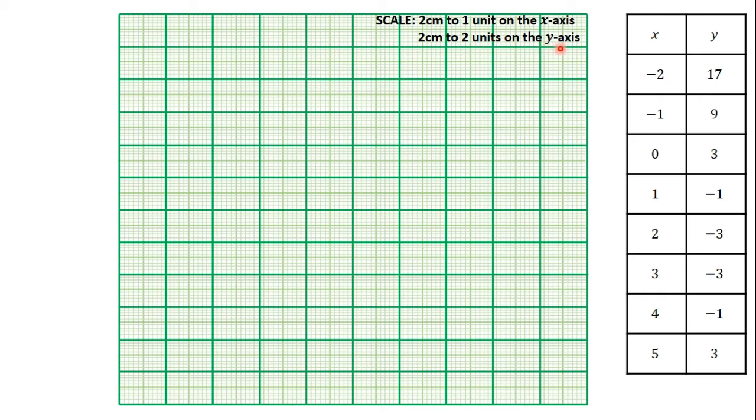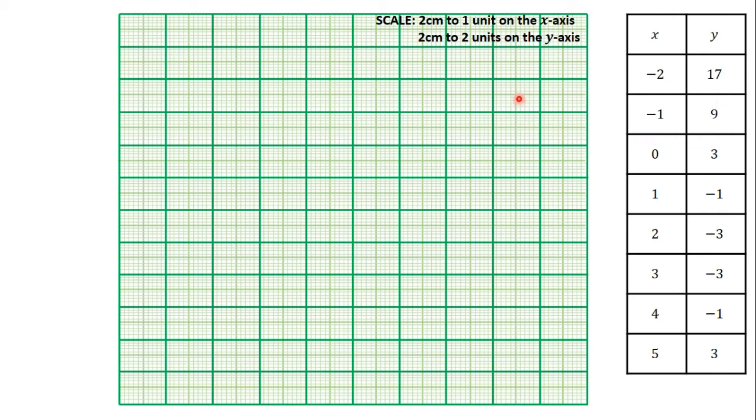We have already learned how to determine the best position for the x and y axis. In the videos on determining the best position for the x and y axis, which is video number 17 in this playlist, we learned that to determine the best position for the x and y axis, you consider the set of x values you are going to plot and the set of y values you are going to plot.